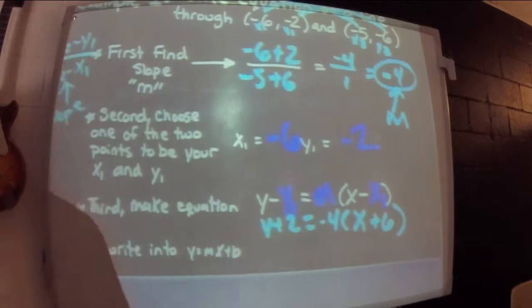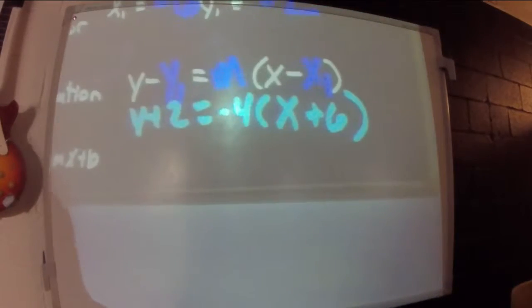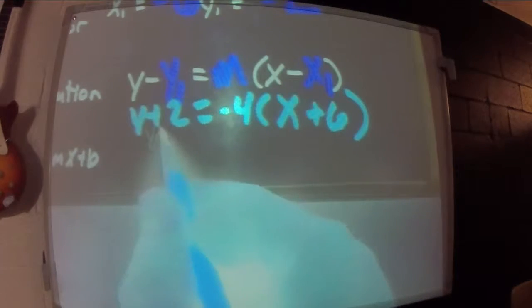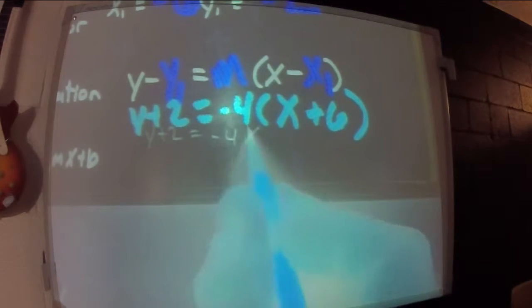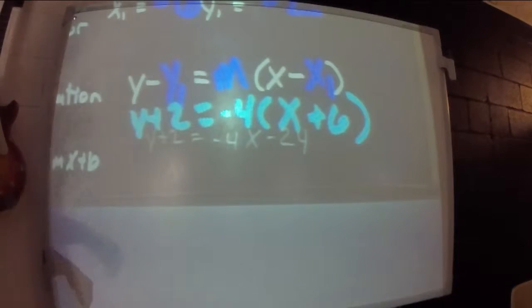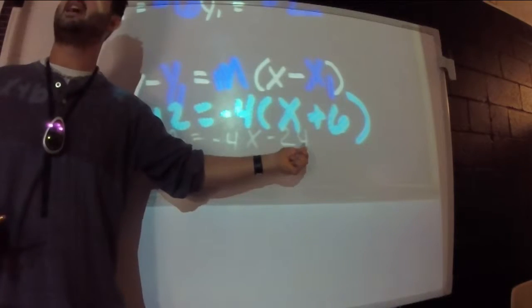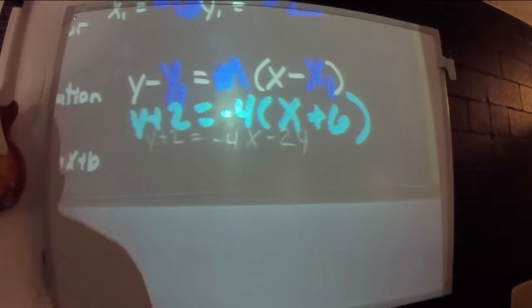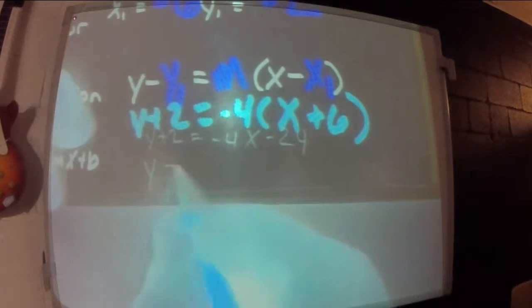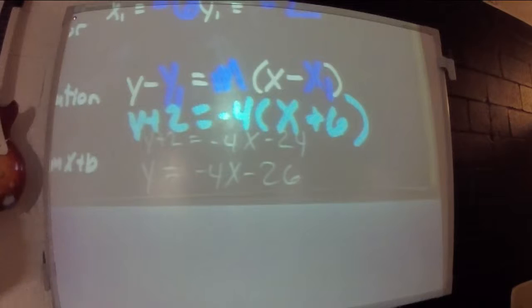Step 1 is what? Distribute. So now it's y plus 2 equals negative 4x minus 24. Distribute was step 1. Step 2 was to move this piece over here and make that negative 26. And you're done. Y equals negative 4x minus 26.